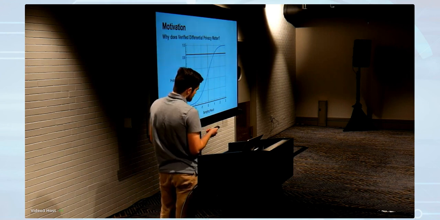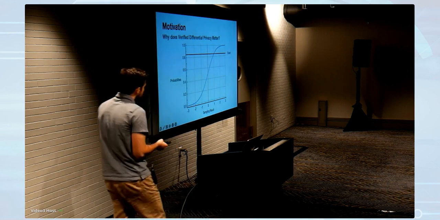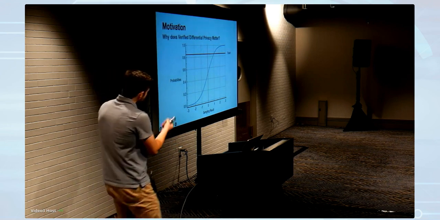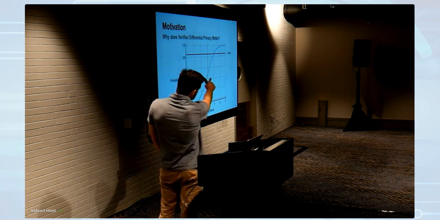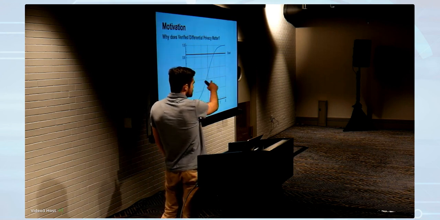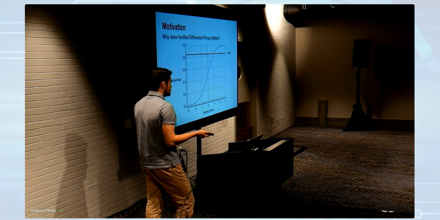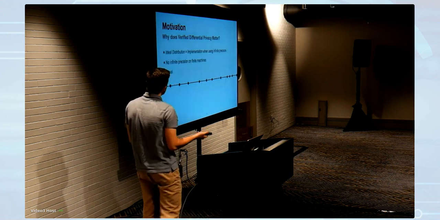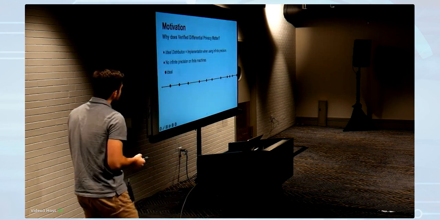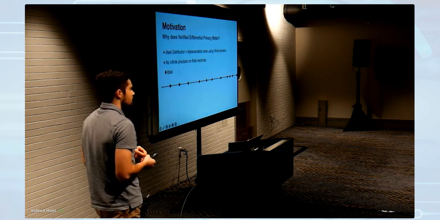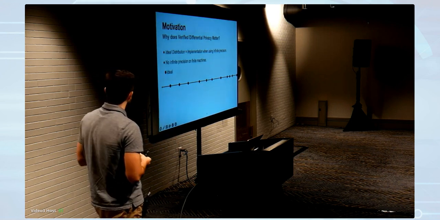Well, in this case, this sampling is actually exact. Namely, if we can sample every single point of this ideal distribution, then our implementation and our ideal distribution are identical. Okay, so this is great, but there's a problem here, and that is that there's no infinite precision on finite machines. We can't do this.